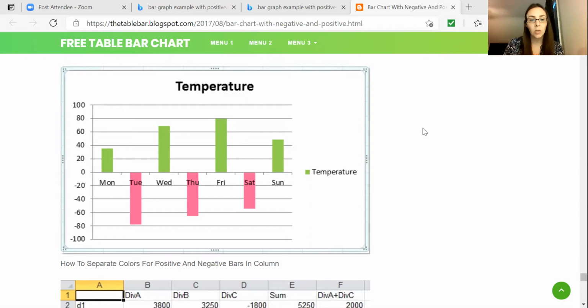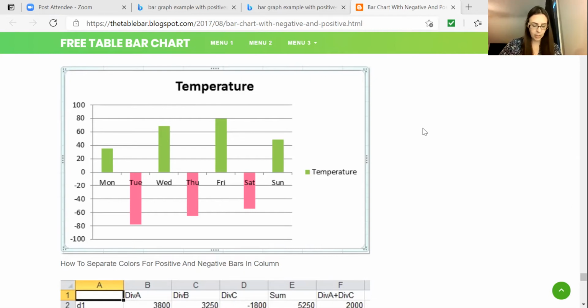So our temperature on Tuesday was almost negative 80 degrees. The temperature on Thursday was maybe negative 64, I'm estimating. And then Saturday looks like it was around negative 56 degrees. So I just want to show you an example where you could have bars going above and below the axis, although it's probably not as common as our regular bar graphs.